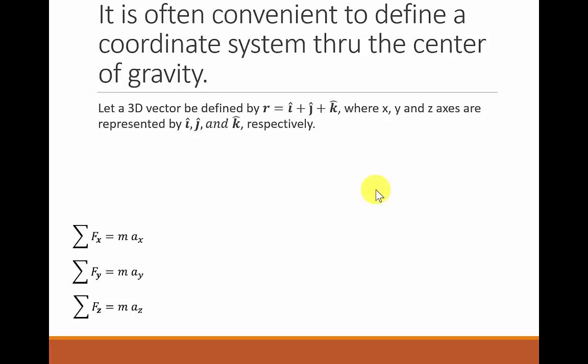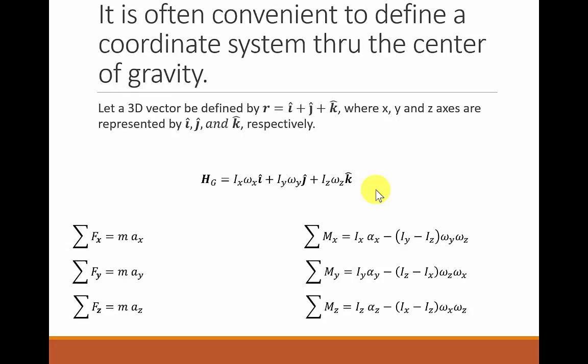In this course, we're going to consider mass to be constant throughout, so we won't deal with rockets that are burning up their fuel as they move. With those assumptions and restrictions, these become pretty good working equations for us. The other set of working equations, going back to the actual definition of Newton's second law, looks something more like this, where the sum of the moments is equal to the inertia times the angular acceleration in that direction.